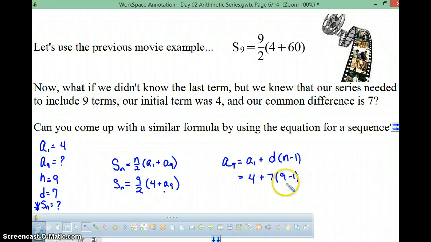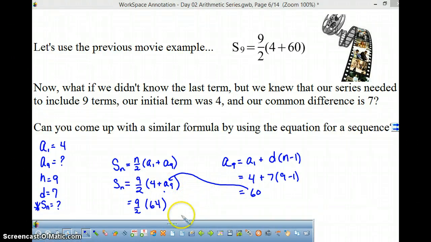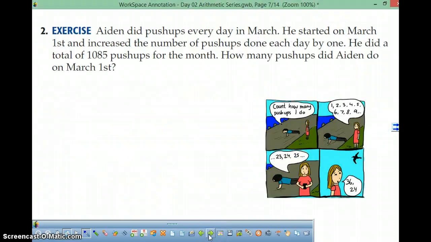We already figured this out in the last problem. That's 60. So now we can plug this in here, and we're back to where we started just a few slides ago. Good? You have to get really good at this substitution. If you follow this protocol where we write down both equations, fill in everything you know, you're going to be fine. Okay?